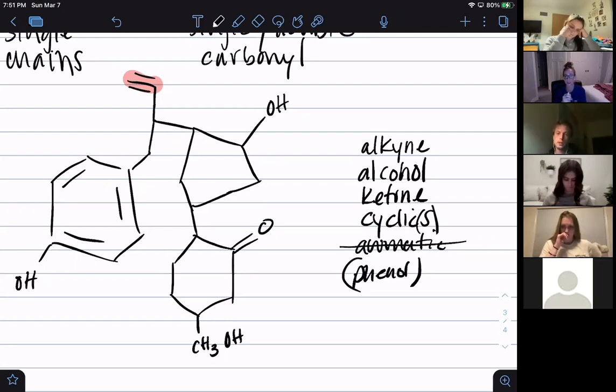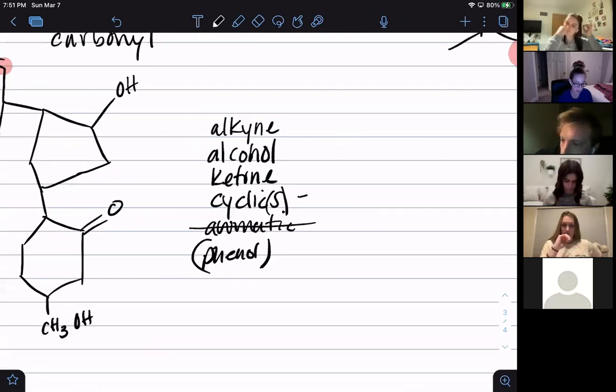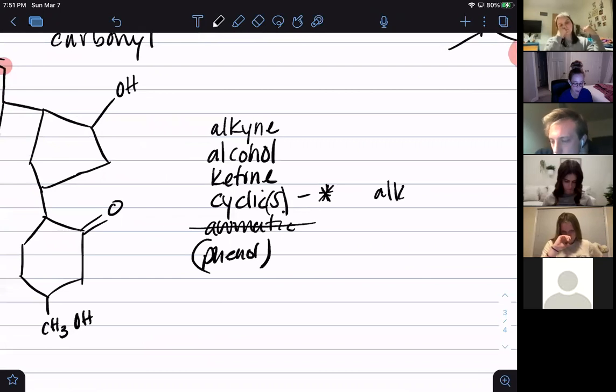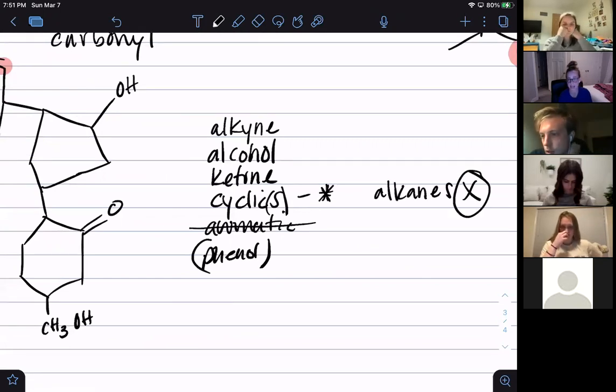Okay, so it's important to know the stability of molecules, and that's why we like to list cyclics. But on the list of potential ones, this one he may not do. He definitely won't list alkanes. Never, ever, ever going to put that in as a functional group. He might put this in, he might not, depending.